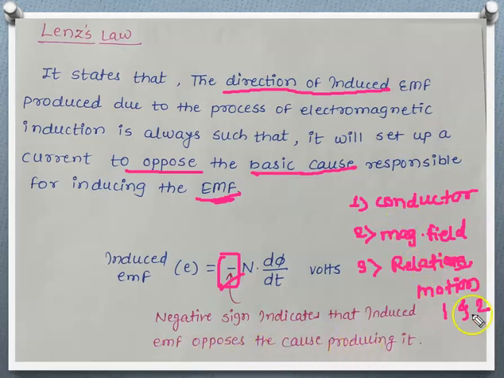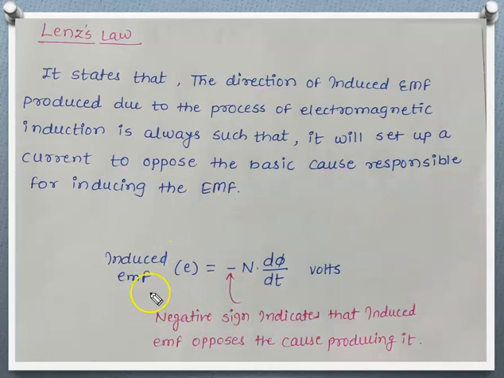And what is the cause? The relative motion between conductor and magnetic field. This is the inherent property of the induced EMF. Every induced EMF, which is induced due to the satisfaction of these three requirements, will always oppose the basic cause responsible for producing that EMF. In this way, we can find the direction of induced EMF.